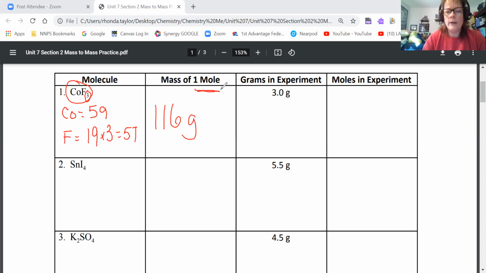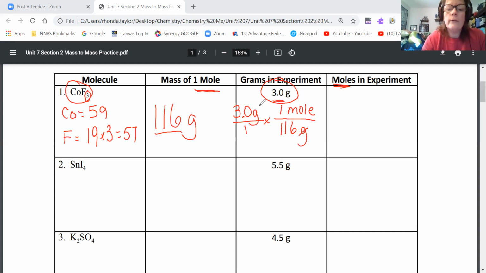And then you have to figure out how many moles you have, or how much is a fraction of a mole, when you are just working with 3 grams of the substance. So remember the way you do this, you start with the mass that you have, and in this case, it's 3 grams. Then we're trying to figure out how many moles are in 3 grams. So 1 mole of our compound, we said, was equal to 116 grams.